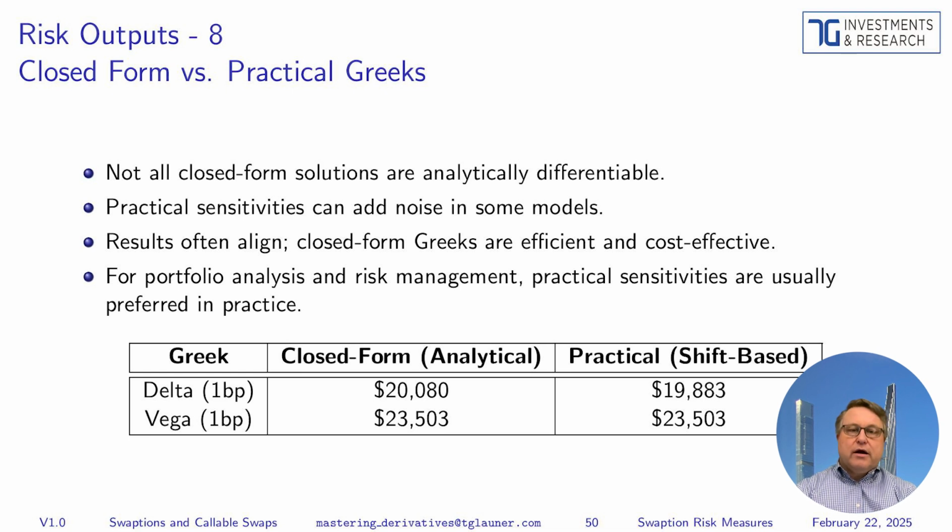A drawback of practical sensitivities is that it can introduce noise due to numerical approximations, especially in complex models. However, in many cases, the results between closed form and practical Greeks tend to align closely.